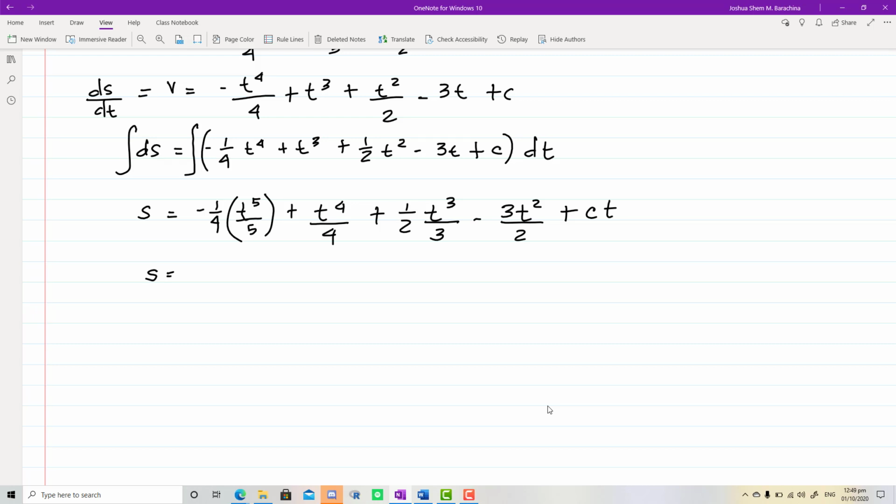And that is equal to negative t raised to 5 over 20 plus t raised to 4 over 4 plus t raised to 3 over 6 minus 3 halves of t raised to 2 plus the constant of integration times t. Isabuan natin to. Add the second constant of integration.